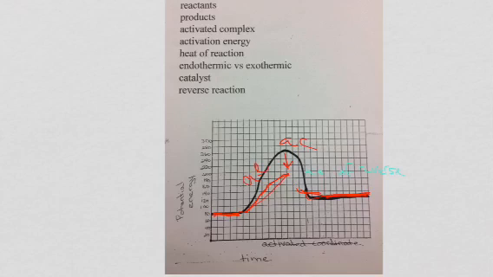So the downhill part of the forward is the activation energy of the reverse. Now the reason I point that out is because that is also changed by the catalyst. So the catalyst changes the activation energy of the forward, the reverse, and the activated complex. So that kind of gives you an insight into that.